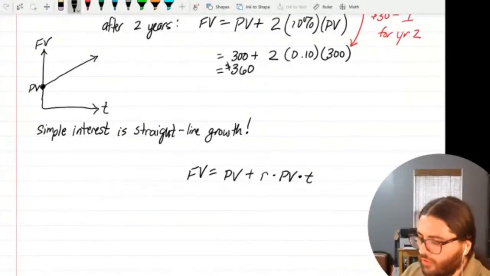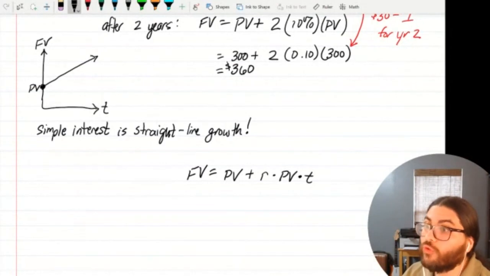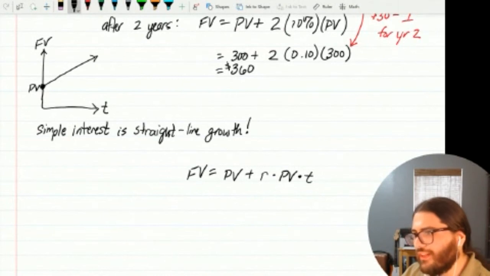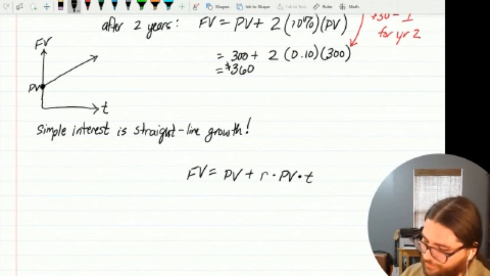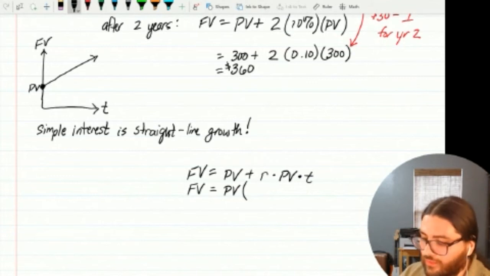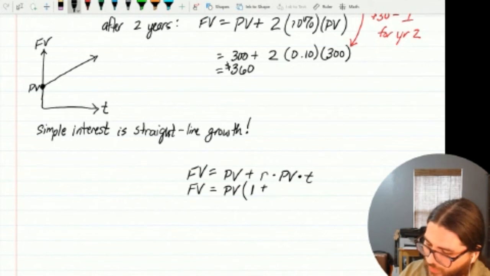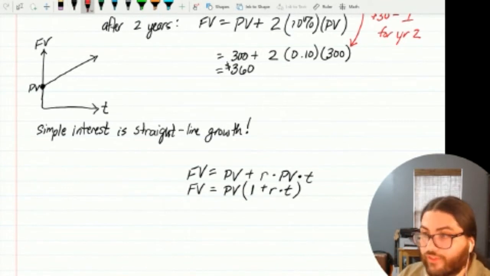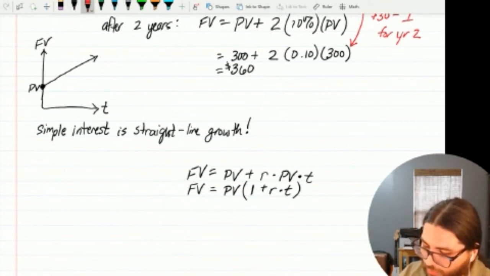Now, those variables probably are all different from the formulas you're used to for simple interest. If you'll give me one moment, we'll try to make that into something you've seen before. What I'm going to do is factor out that PV, present value. When I factor it out, it has to leave behind a 1 plus R times T. And if you want to double check that I've done that factoring correctly, you can distribute, right?